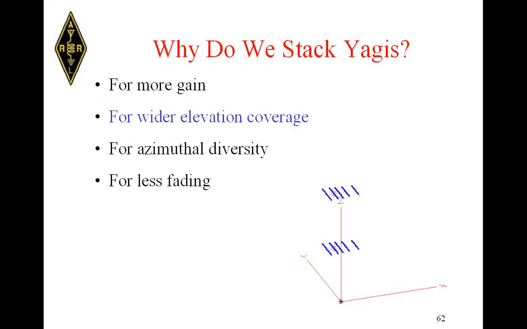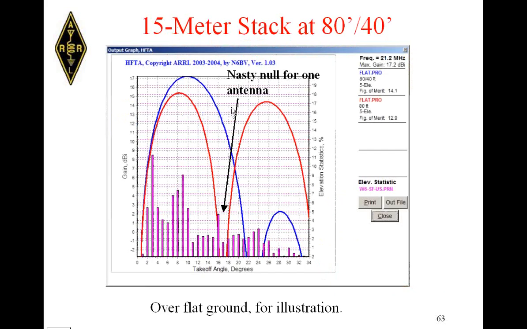Okay, so let's examine the situation for wider elevation coverage. One of the things that I haven't been specifically pointing out, but that's been shown in several slides, is that a high antenna by itself, in this case a 15-meter 5-element Yagi at 80 feet over flat ground, has a very severe null right here at 17 degrees.